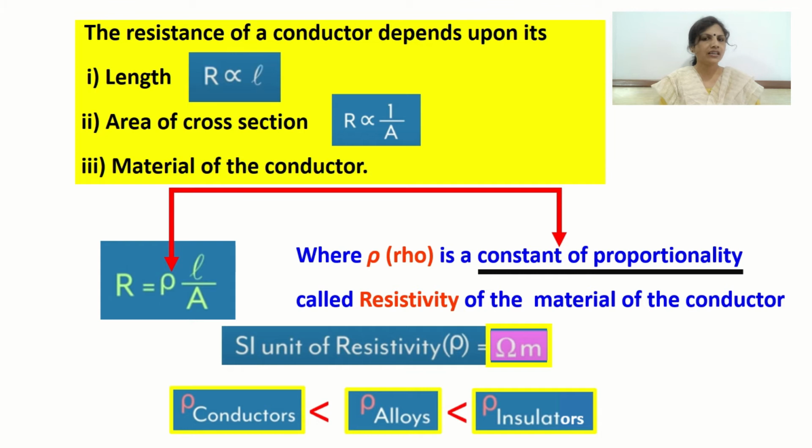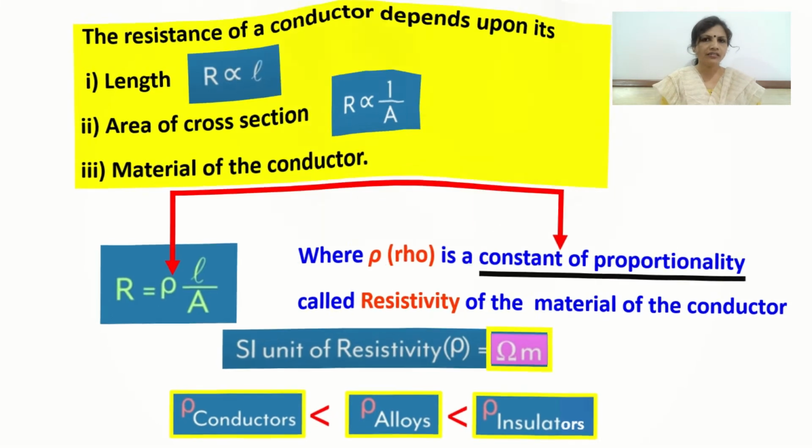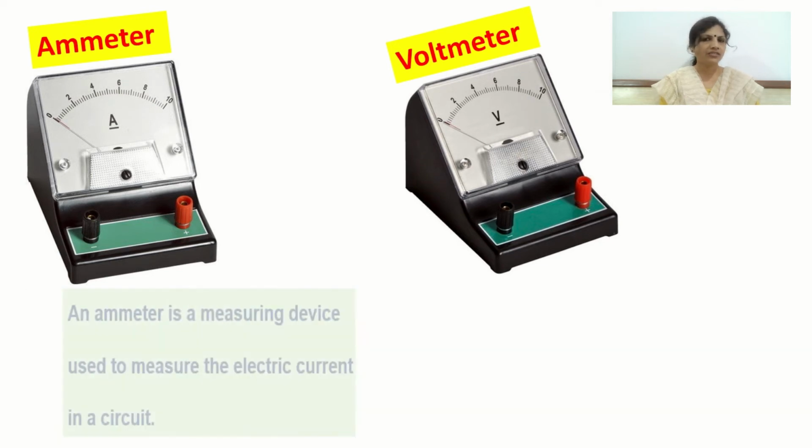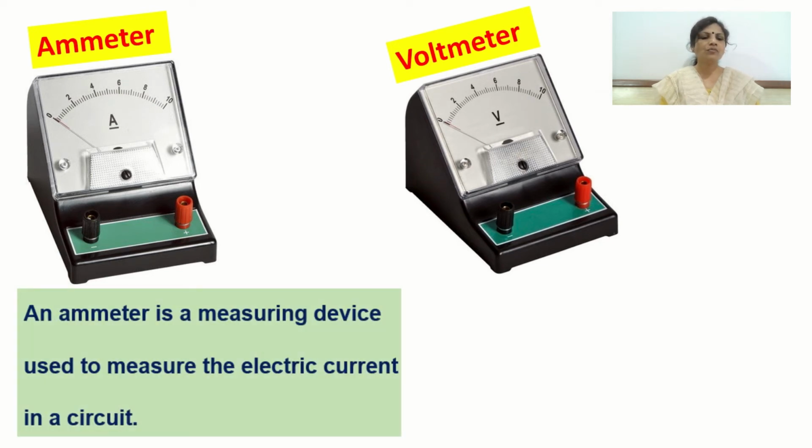Children, when we were discussing electric current, we discussed a device that is an ammeter. An ammeter is an electrical device which is used to measure electric current in an electrical circuit. The figure which is flashing here on the screen is an ammeter, and the red screw is the positive terminal of the ammeter and the black screw is the negative terminal.